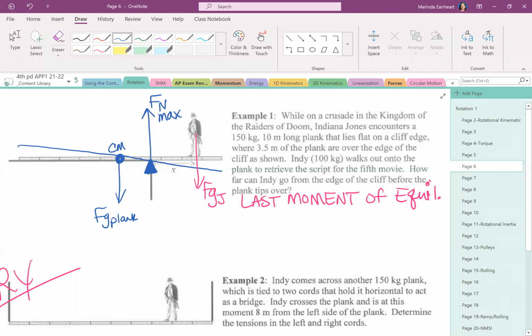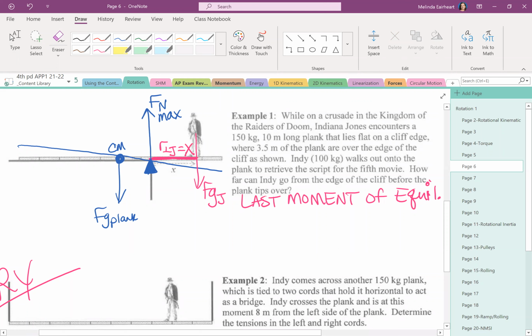So now that we have a fulcrum identified, can we identify the lever arm for each? And so go back to Indiana Jones. It's a vertical force. The distance horizontally from the axis of rotation to the line of force. Hey, look, it's what they have labeled X. And so R perp for Jones is actually what we're solving for.